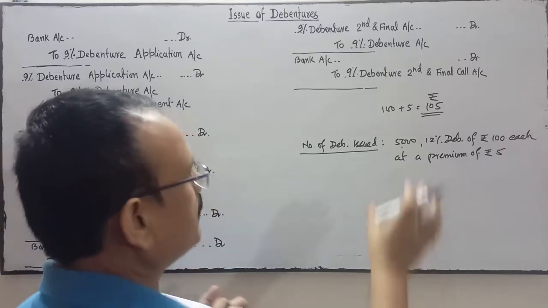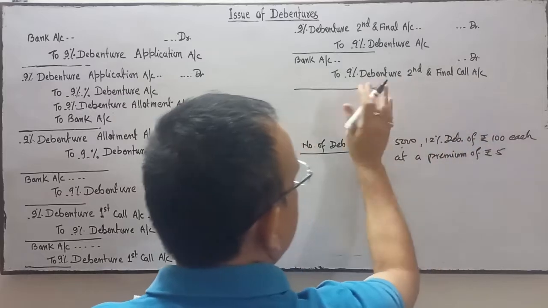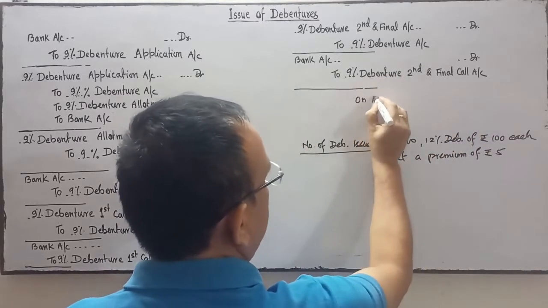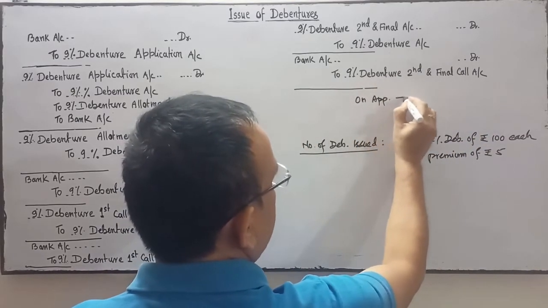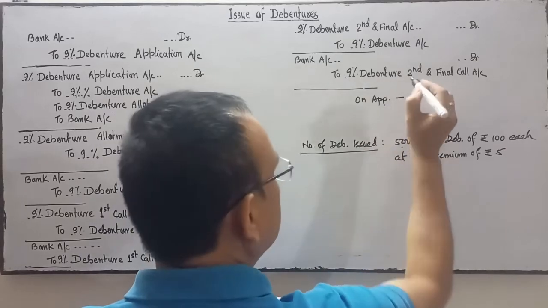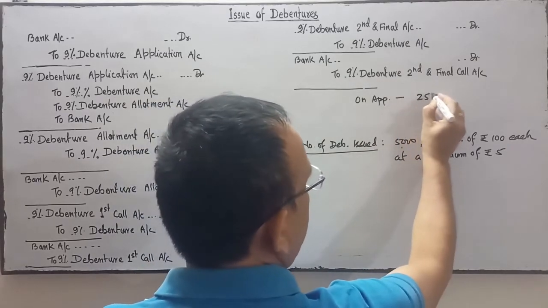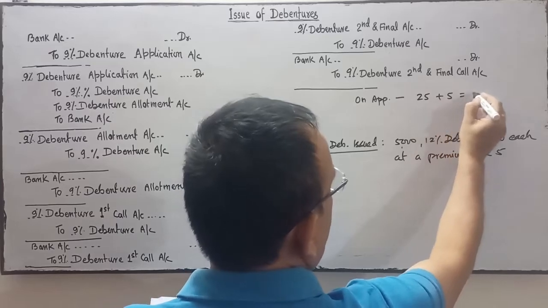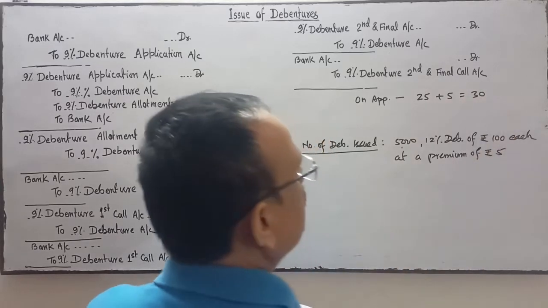On application, rupees 30 including premium. It means excluding premium it is 25, including premium it is 30.